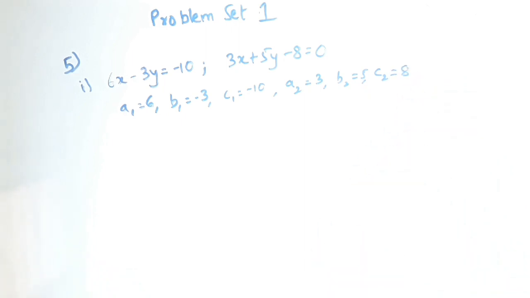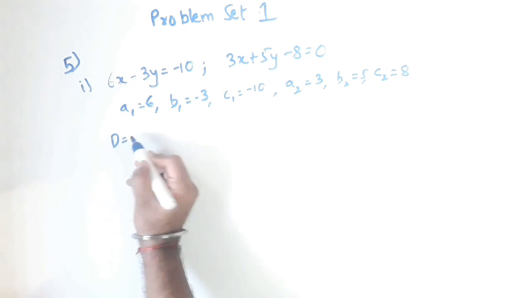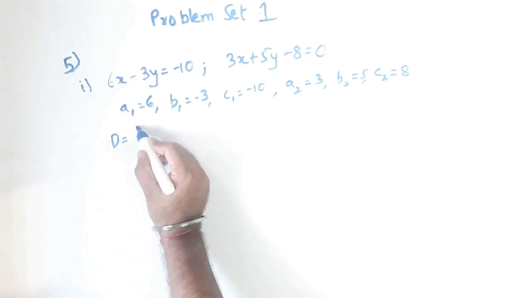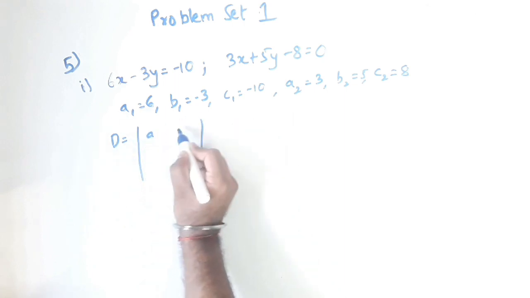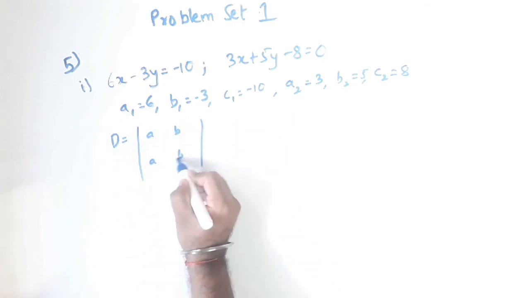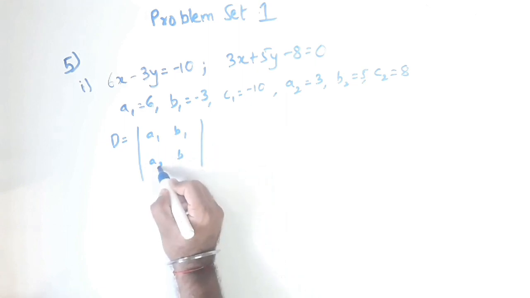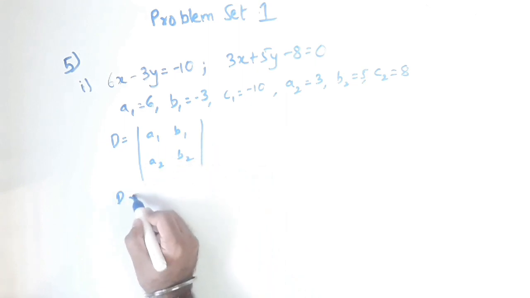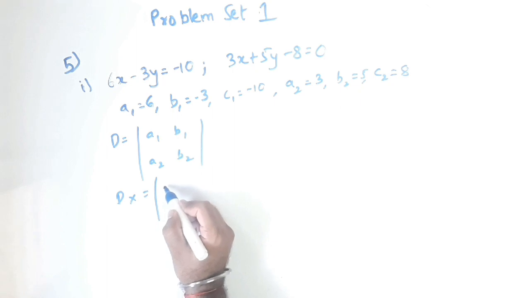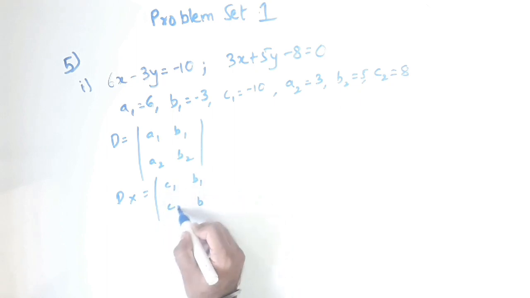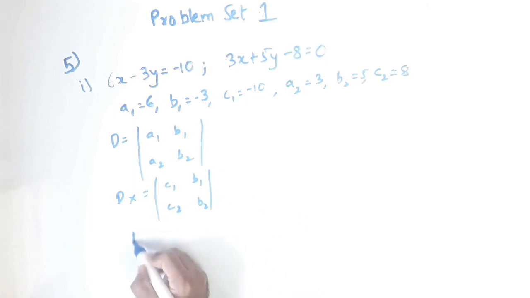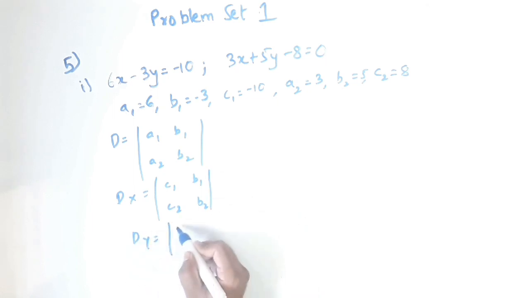Now you know the formula for d, dx and dy. Come on, tell me fast, what is it? It is AB for d, A1 B1, A2 B2. For dx it is CB, C1 B1, C2 B2. And for dy it is what? AC.